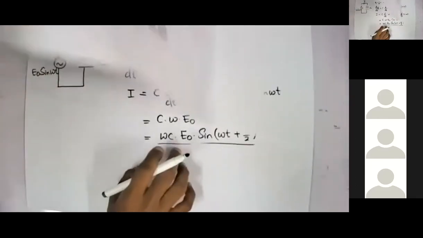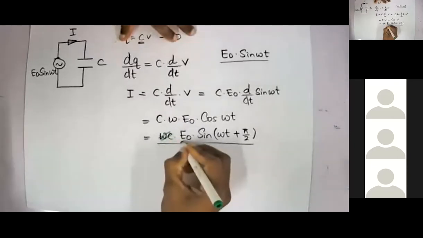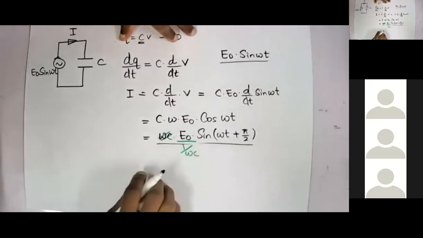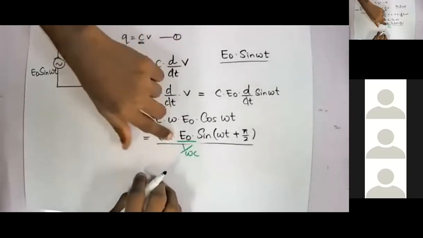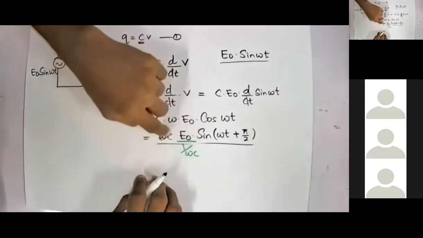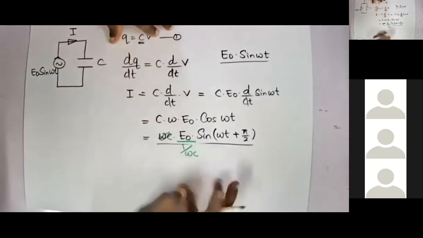So I can write this equation with this omega C as E naught by 1 over omega C. Instead of multiplying, I am dividing by 1 over omega C, which will be omega C. These two are equivalent.